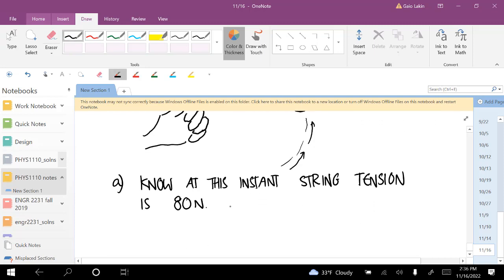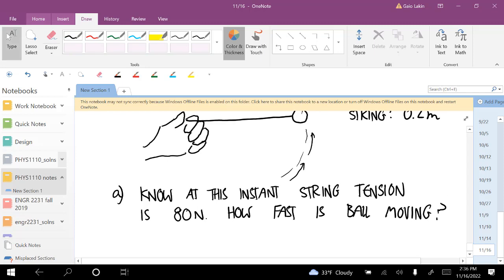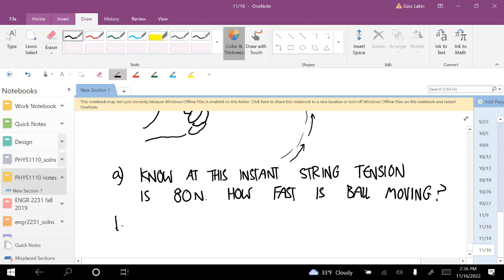How fast is the ball moving at this instant? And then second, calculate the acceleration vector.